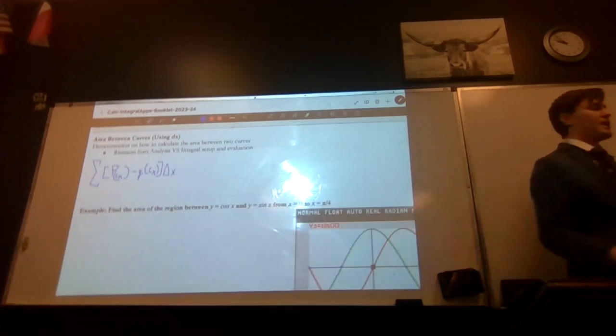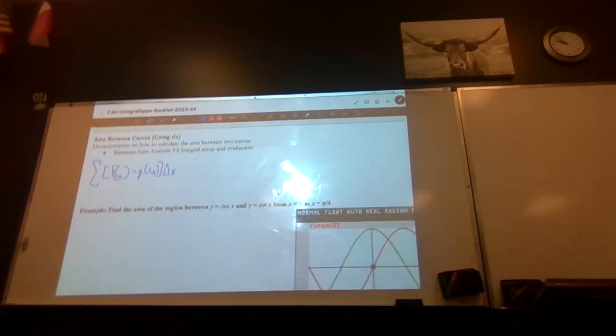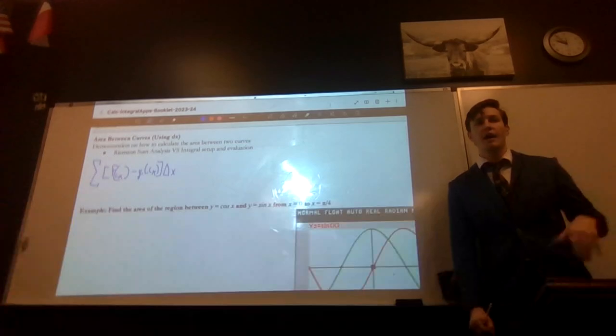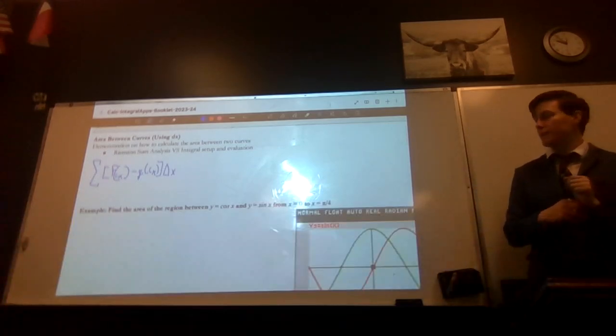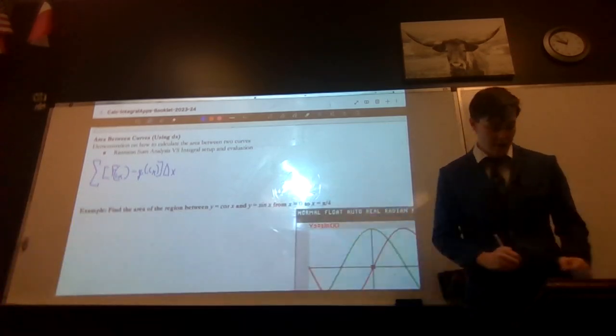You would do the same thing that we did before, the top minus the bottom. However, in this case, this is when we're doing the rectangles. We would just create an infinite number of rectangles in between those two, and using that equation would be able to give me this right here.